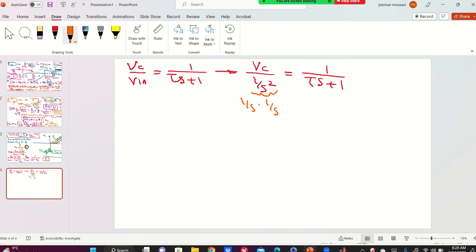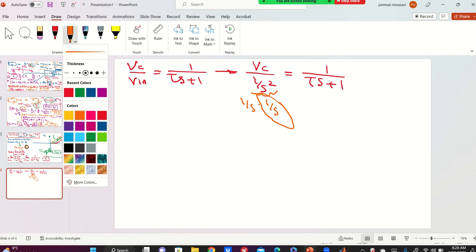Yes or no? So what is this now? Which input to the system is 1 over s? Look at your notes. Yes, step.